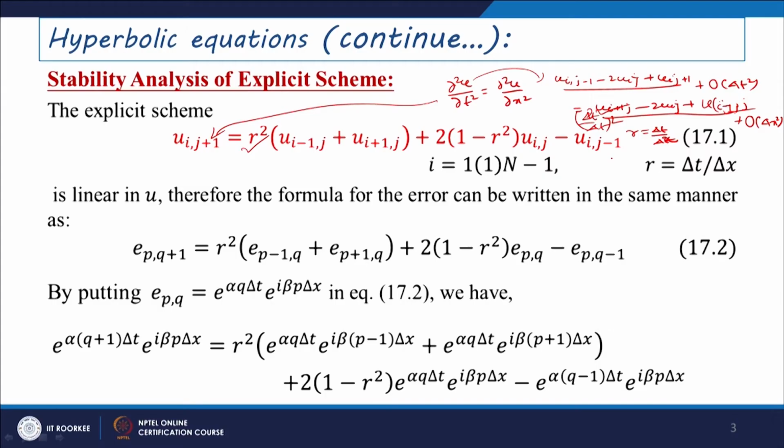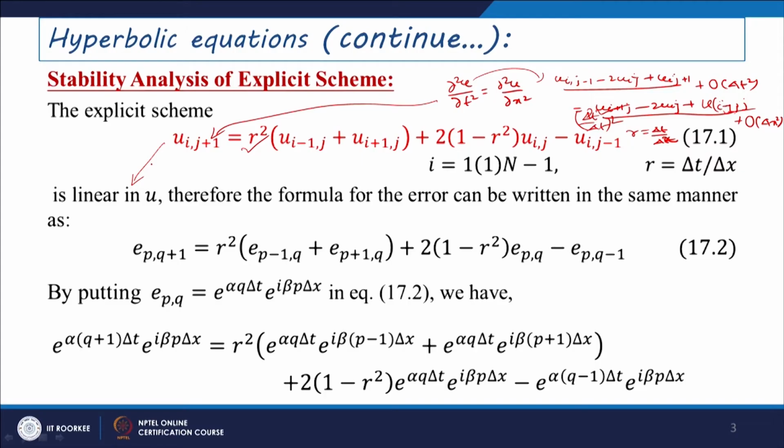This equation is a linear equation in u, therefore the formula for the error can be written in the same manner as we defined in the earlier lectures for parabolic and elliptic equations. The error term can be written in the form of e p, q plus 1, since u is the numerical solution and u star is the approximated solution.